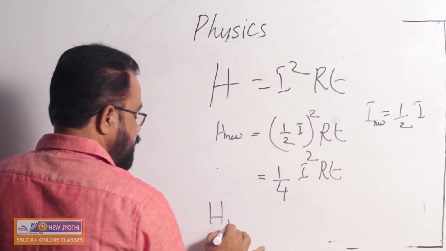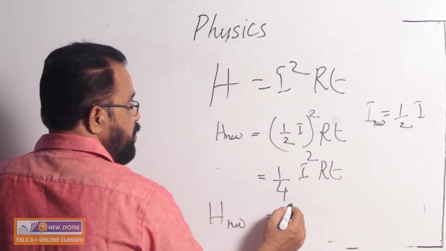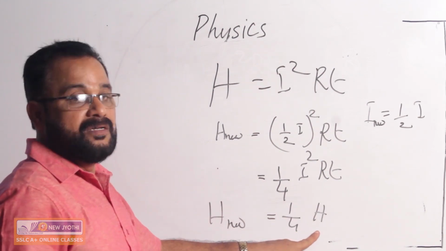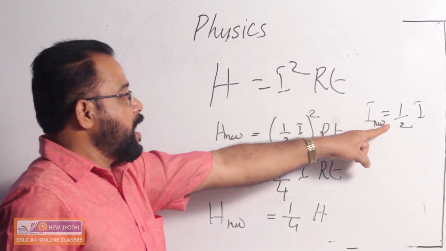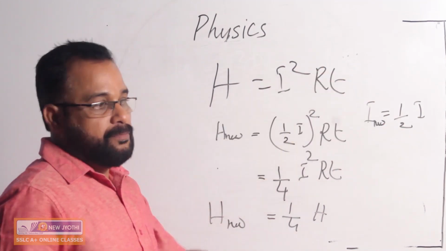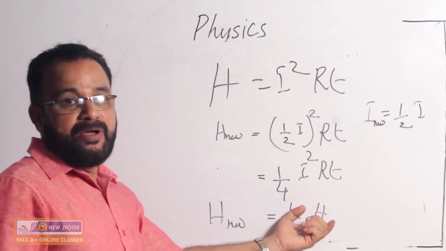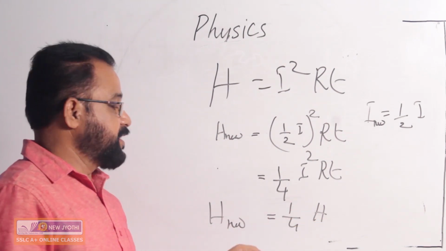So H new is equal to 1 by 4 times of the heat generated before. So when the current becomes half, the new heat will be 1 by 4 times of the heat generated.